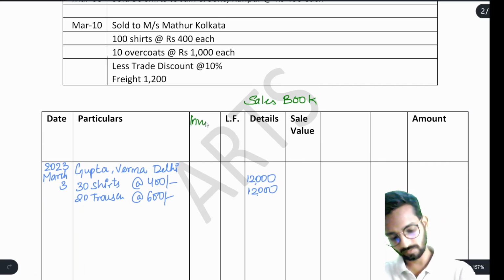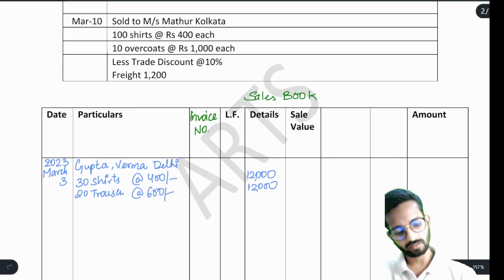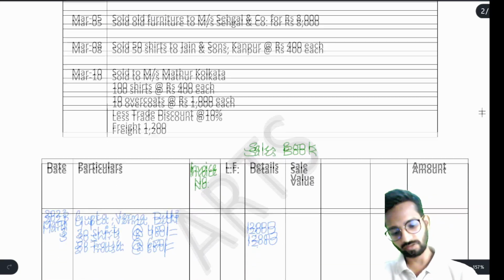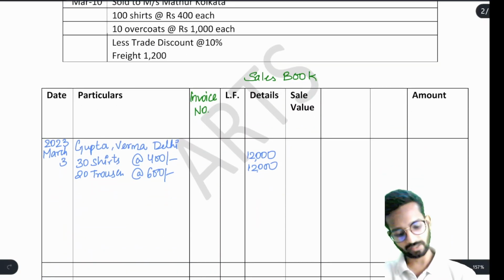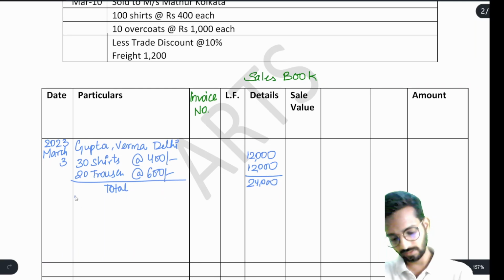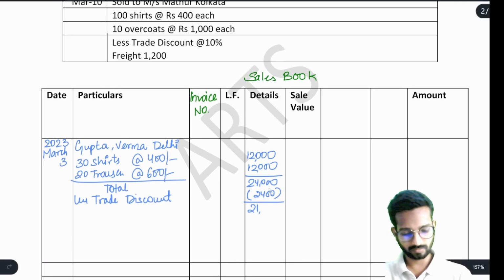Invoice number, sales value. Now the trade discount 10% and packing charges 300. First we'll write the total here. Total 24,000. Then less trade discount 10%, 2,400. 21,600.